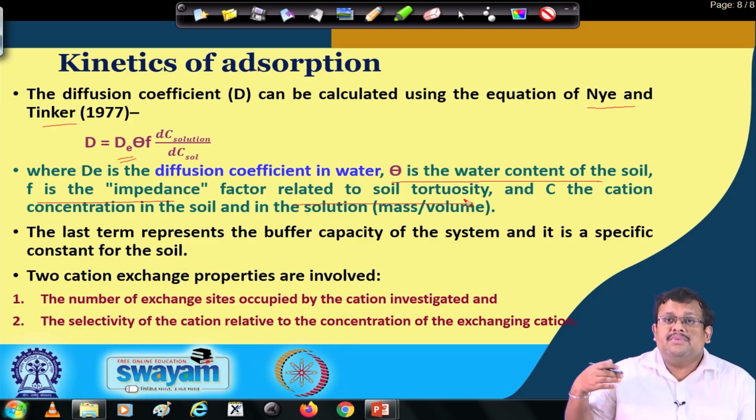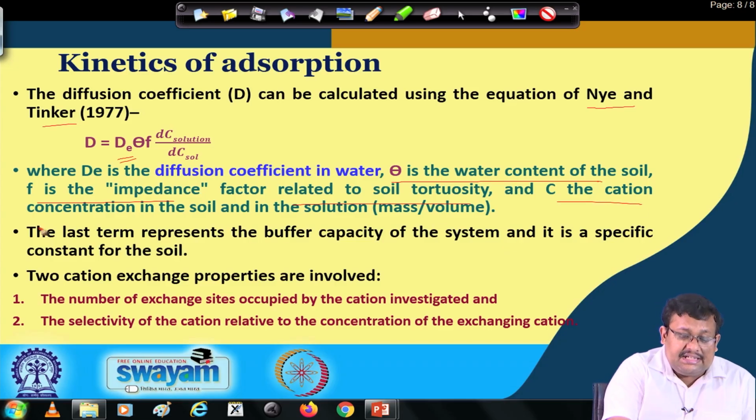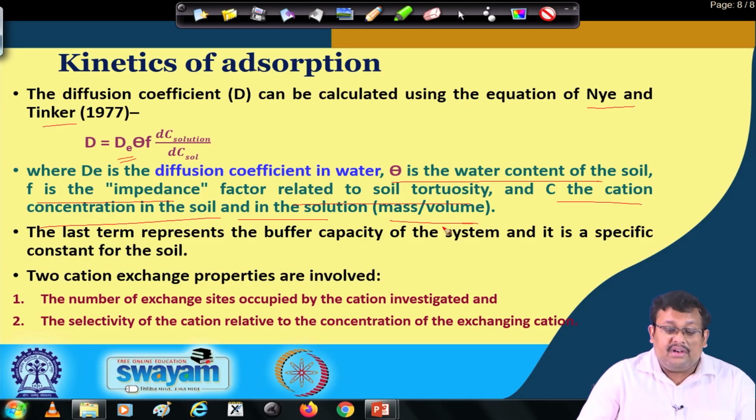Tortuosity means the soil pores are interrelated to each other, making a tortuous, zigzag or inconsistent path. So, that is called soil tortuosity, and C is the cation concentration in the soil and in the solution, that is, the mass by volume ratio.